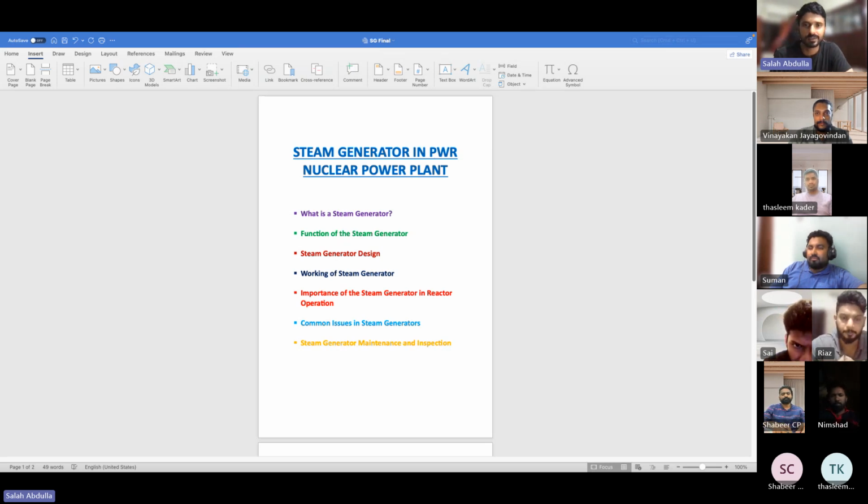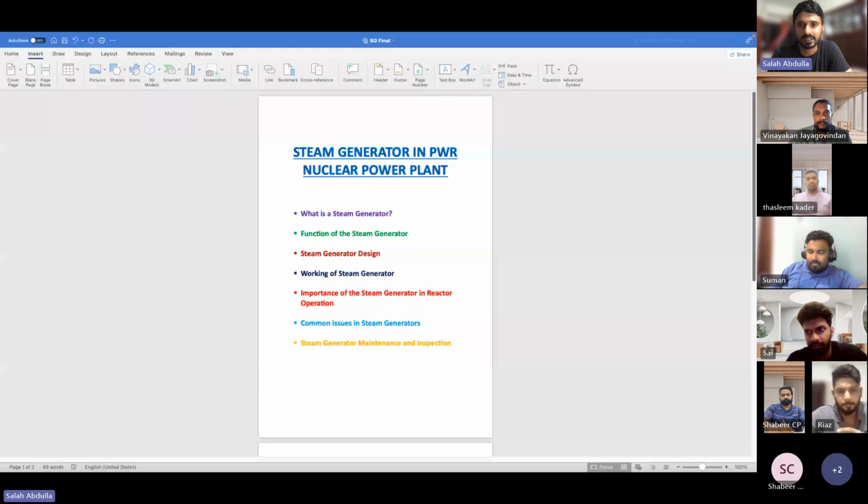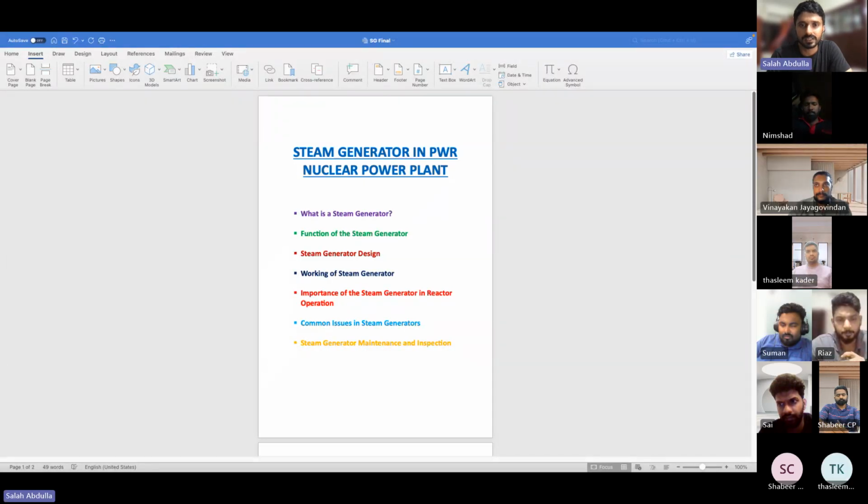The temperature of the reactor coolant would be about 310 degrees Celsius. Then it circulates through thousands of U-tubes, meaning we are using U-tube heat exchangers, in an inverted U shape. After heat transfer, it exits at a lower temperature.